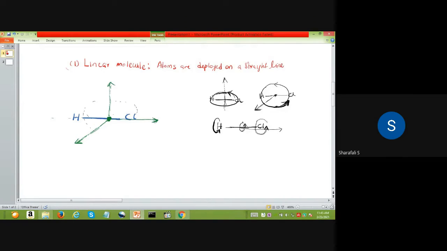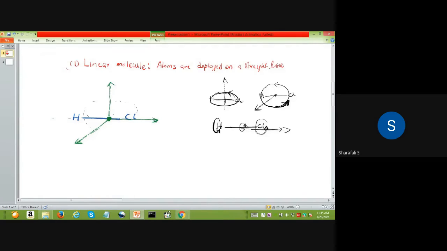But as you can easily see from here, in this axis the moment of inertia is minimum, because the masses are on the same axis. They are not separated from this particular axis. So this axis, where the molecule lies, will have the minimum moment of inertia.